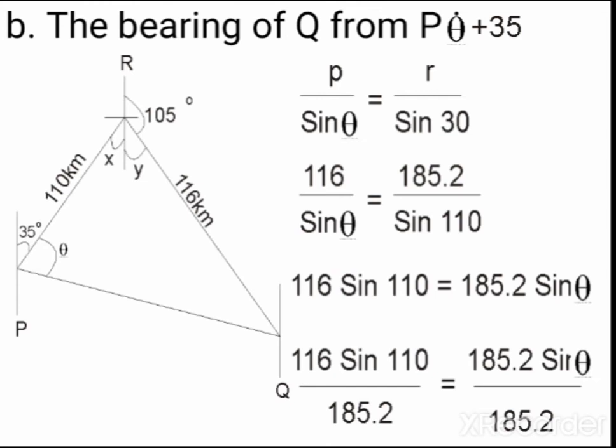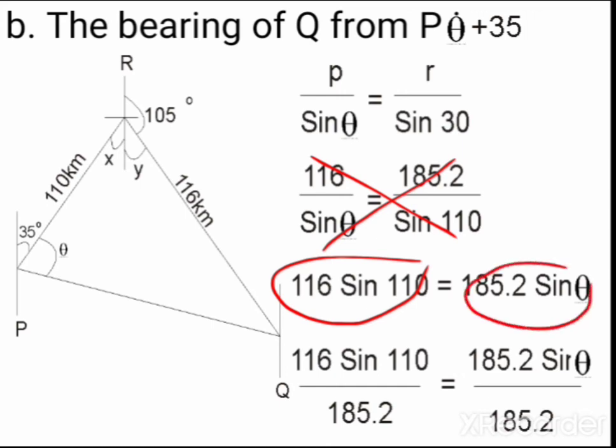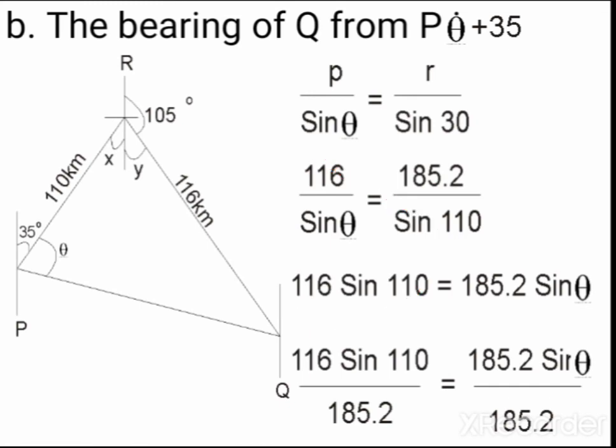So 116 times sine 110, which is this. Then we cross multiply these two: 185.2 times sin theta will give us this. After you have cross multiplied, this is what you will have.